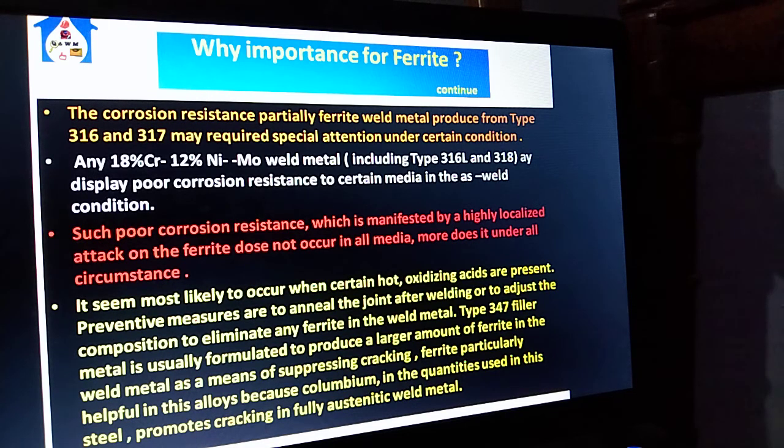Type 347 filler metal is usually formulated to produce a larger amount of ferrite in the weld metal as a means of suppressing cracking. Ferrite is particularly helpful in these alloys because chromium in the quantities used in this steel promotes cracking in fully austenitic weld metal.